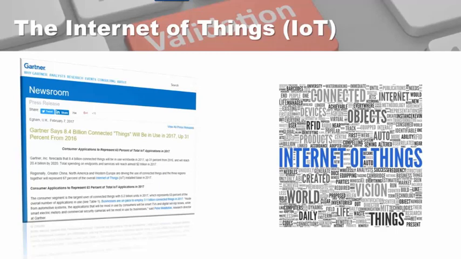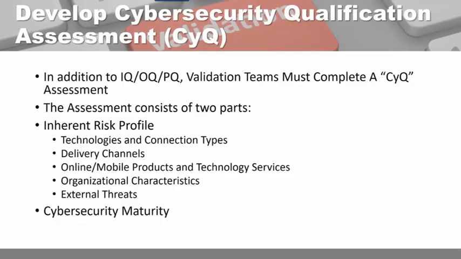So instead of only the qualification scripts that we develop, you've heard of IQ, OQ, PQ, which stands for Installation, Operational, and Performance Qualification. I've added a fourth one, which is called CyQ, or Cybersecurity Qualification. This is the second big change in validation. In 21st century lean validation, you have to now conduct a cybersecurity qualification. This assessment consists of two parts.